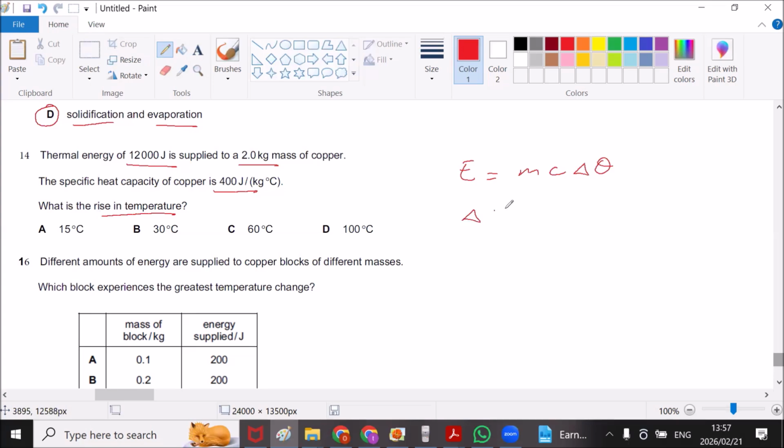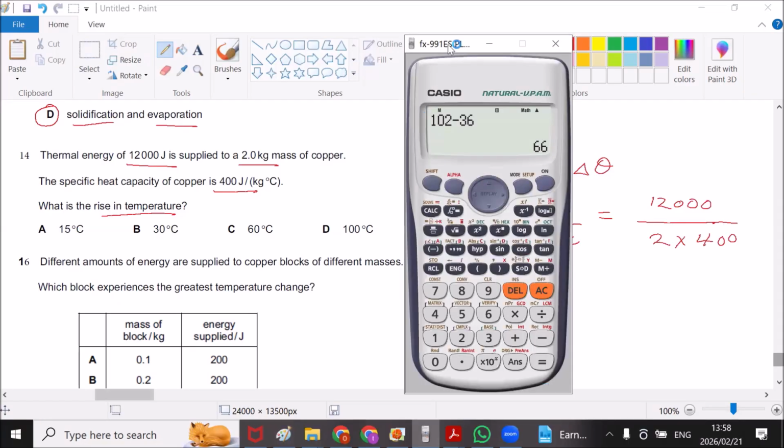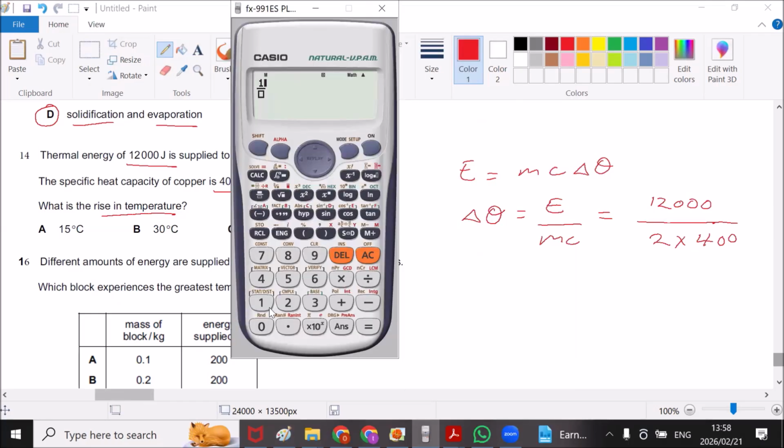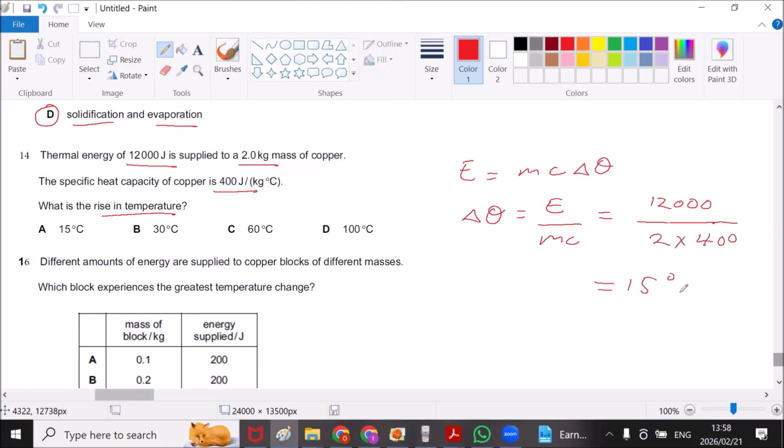Delta theta is equal to E over mc, which is 1,200 over 2 times 400, which we can punch into our calculator, giving us 15 degrees Celsius. So our answer is A.